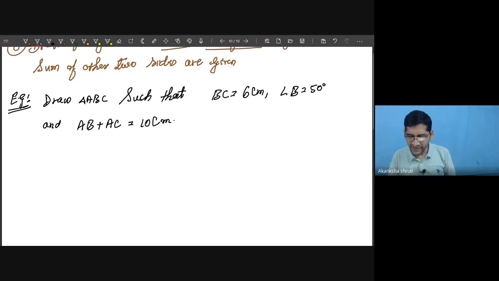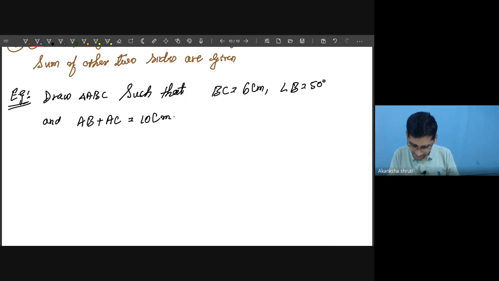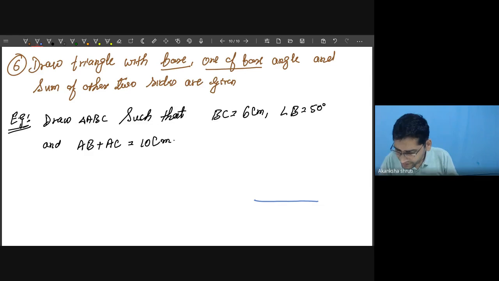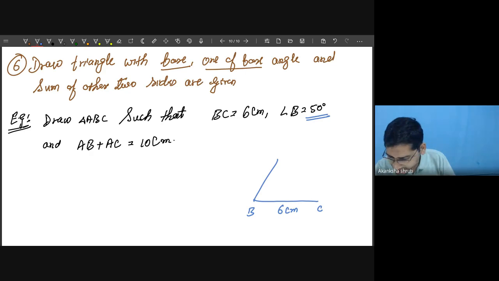Which kind of triangle we have to understand. Before drawing, I'm just explaining what is given. You are given this BC, this length is 6 centimeter. At B, one of the angles given to you is this 50 degree. And the sum of AB and AC.